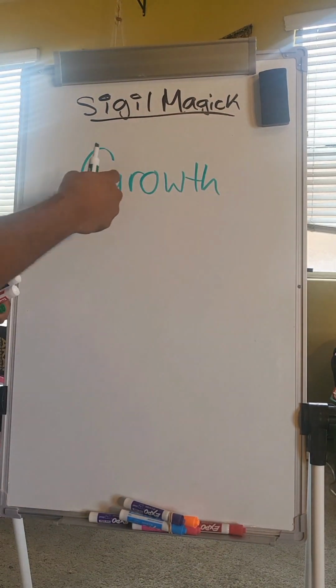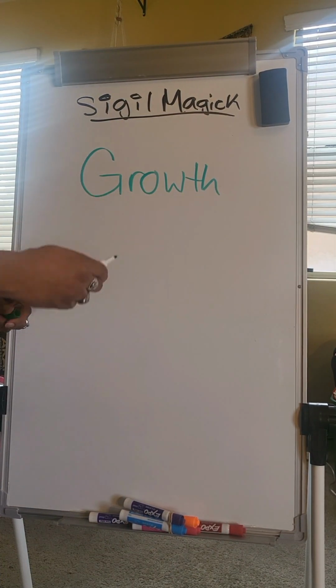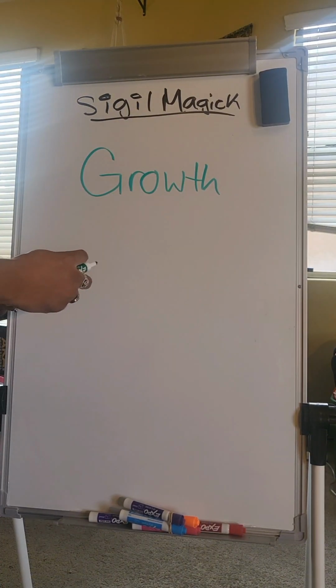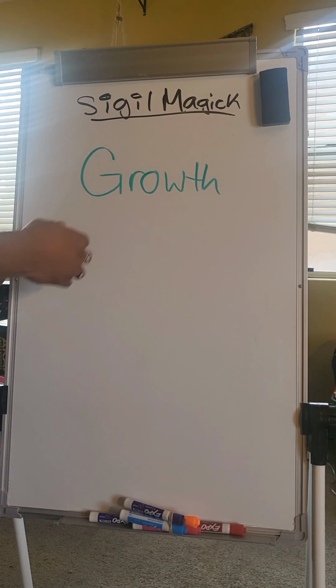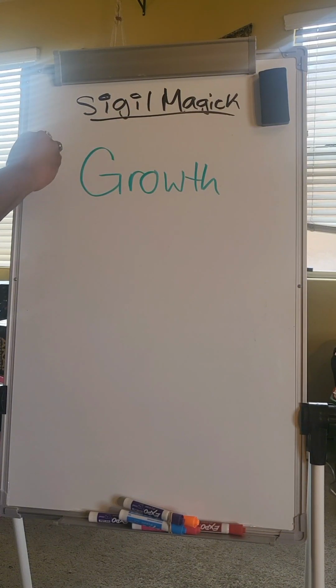If we're using this word growth, and we're taking it and we're going to turn it into a sigil, we have the ability to do what? Have a color associated with the sigil, right?